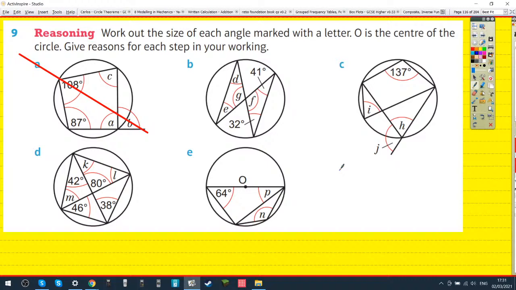So work out, so that we can call O the center of the side. Okay. So 41 degrees and 32 degrees.